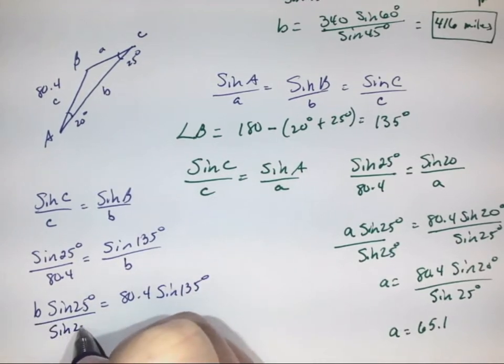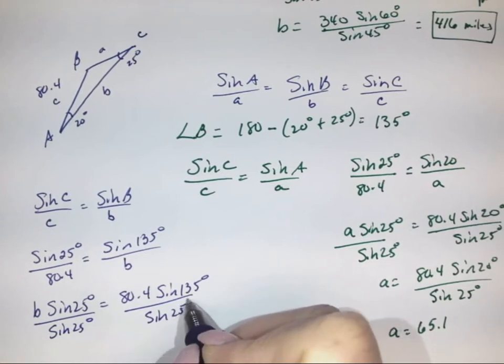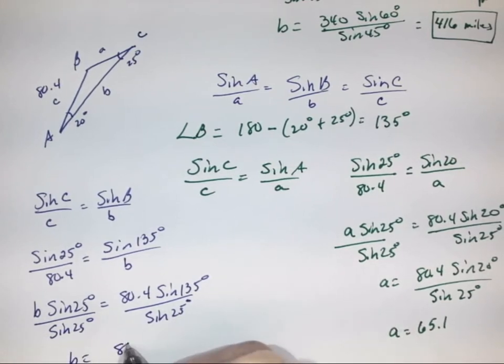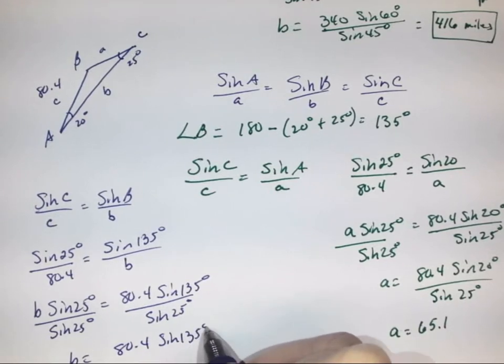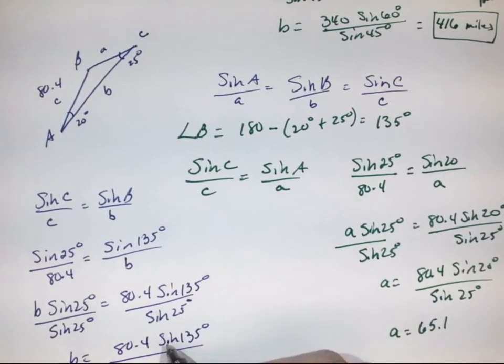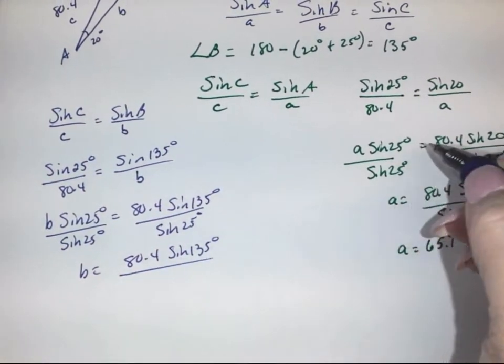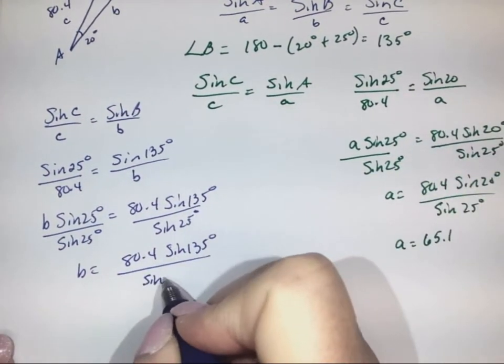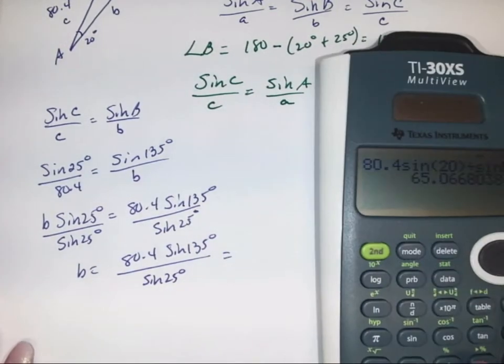Divide by the sine of 25, and little b will be equal to 80.4 times the sine of 135 degrees divided by the sine of 25 degrees. So let's go put that in our calculator.